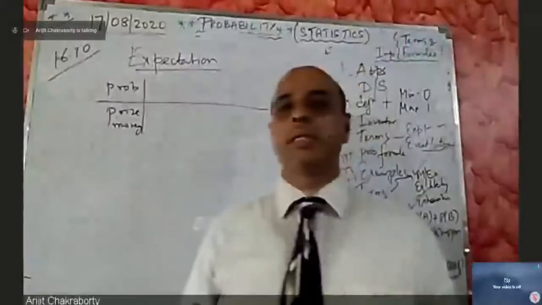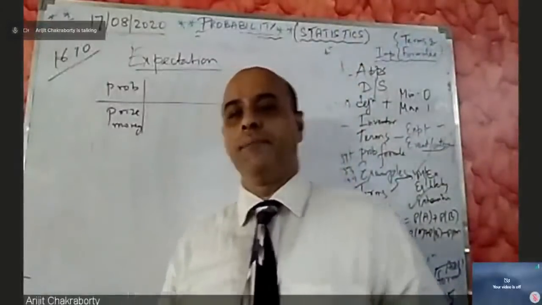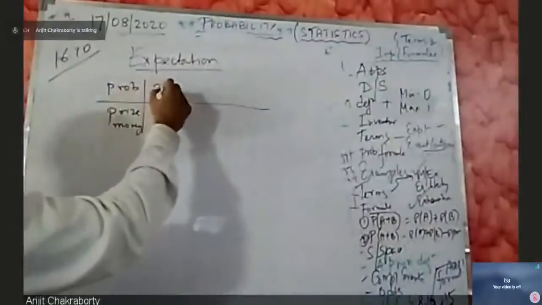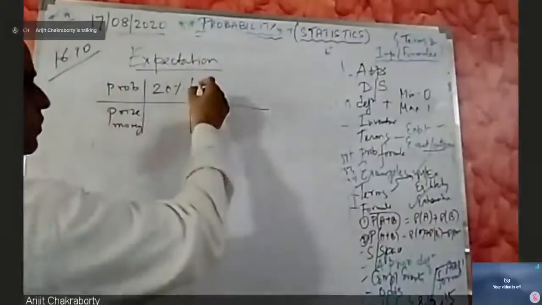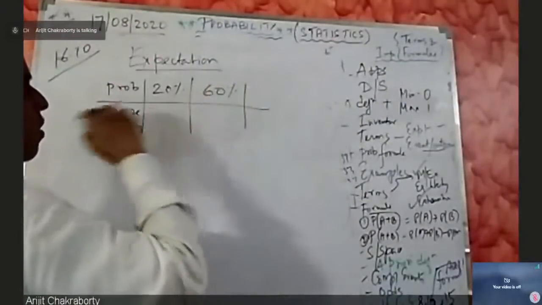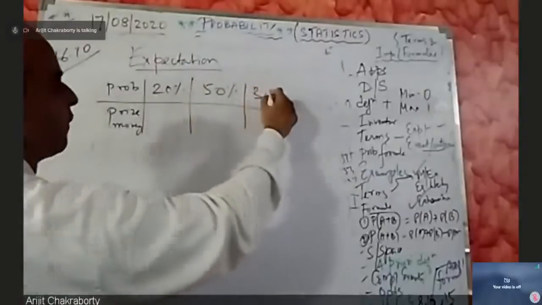Now, say for example, if I have a probability of say 20%, and then I have a probability of say 60% and, right, put it 50 and 30.